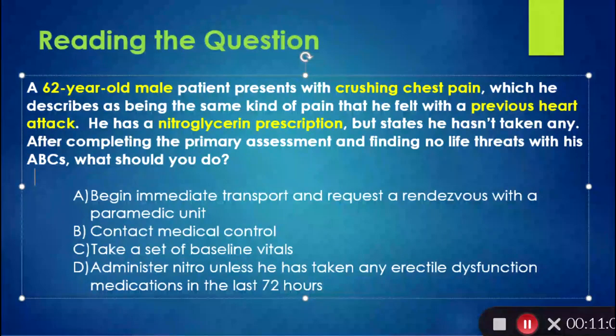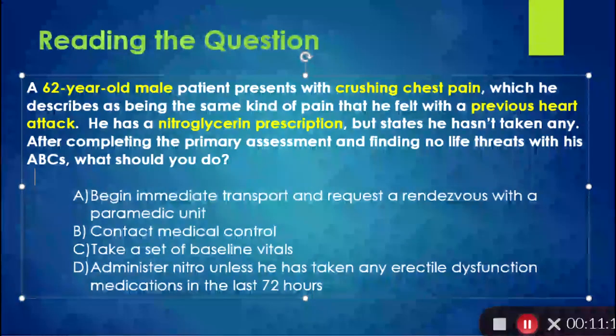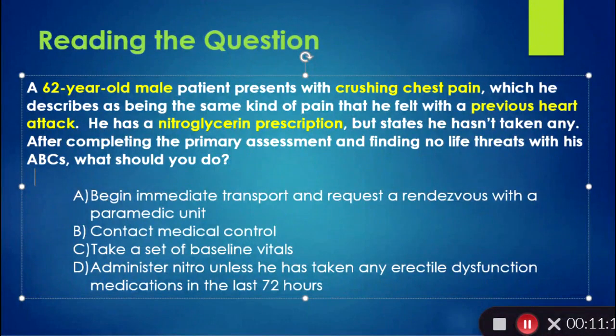So with immediate transport and meeting with the paramedic unit, we're not treating him. Although that's an option, I don't know that that's the best option because he's got nitroglycerin right there. We could give that and potentially alleviate some of that chest pain, open up the arteries, and get more blood flow to that part of the cardiac muscle that's in trouble.